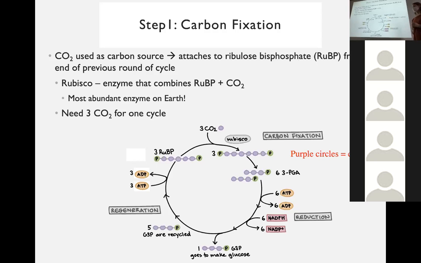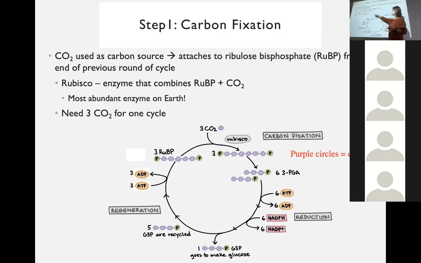Okay, so in order to make glucose, like I said, we need carbon. Plants use carbon dioxide to do that. So that's why plants take carbon dioxide out of the atmosphere, which we love, right? So it's good for the atmosphere to take carbon dioxide out. That's going to go to make the glucose.